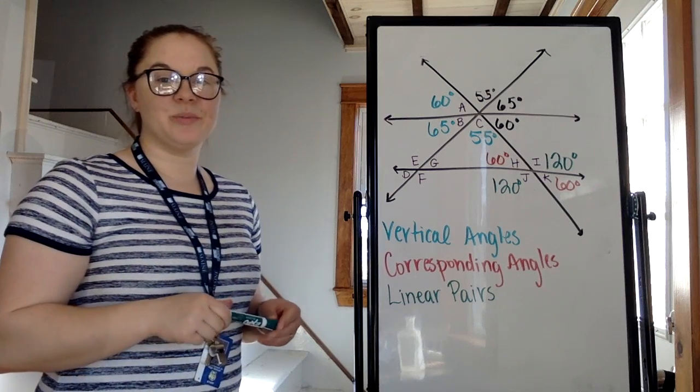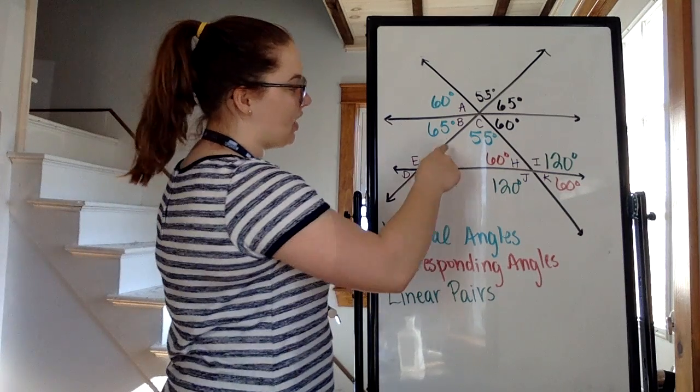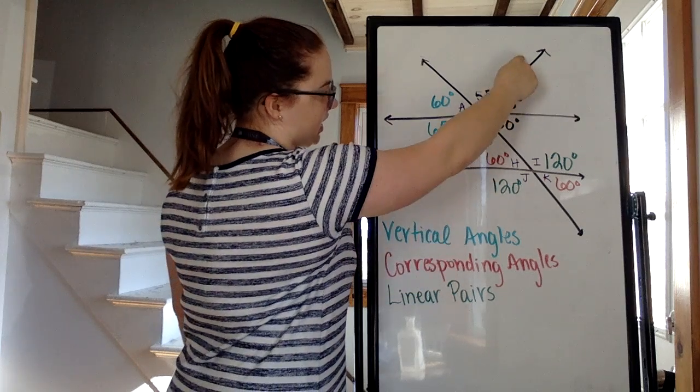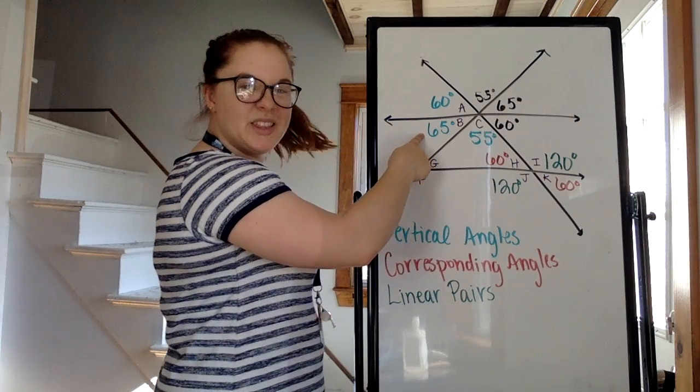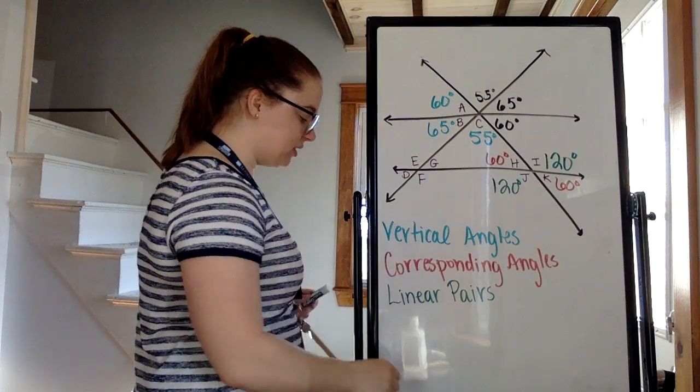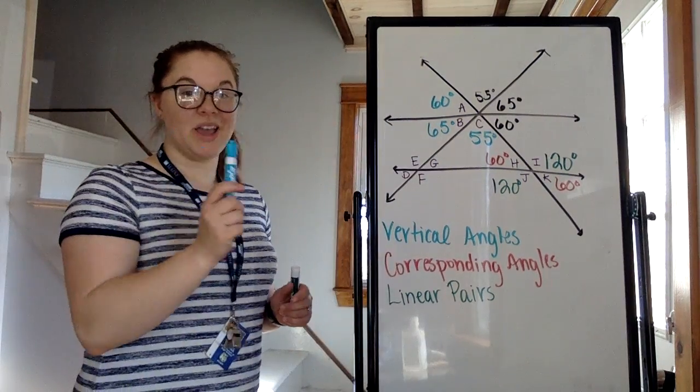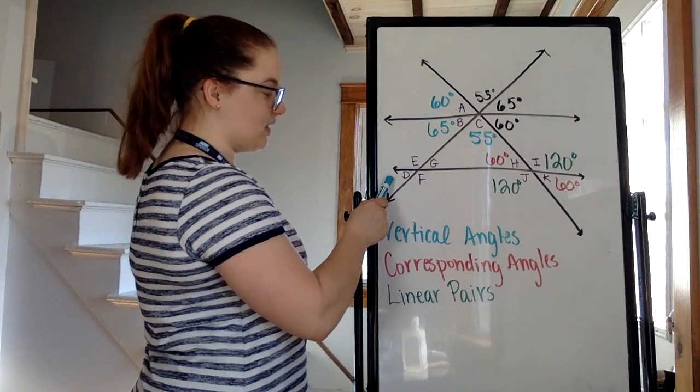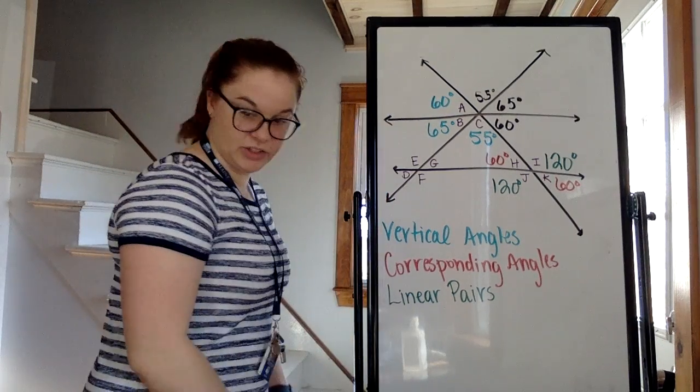And I know that this line, transecting this, is 65 degrees. And so its corresponding angle here, D, would be 65 degrees.